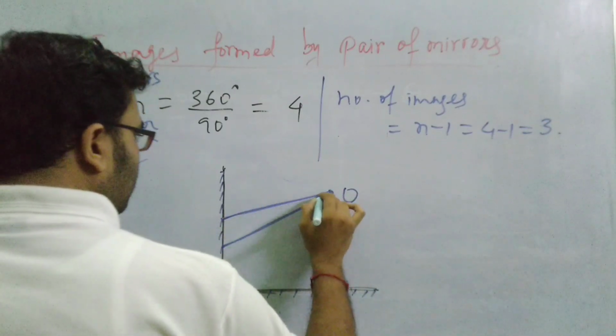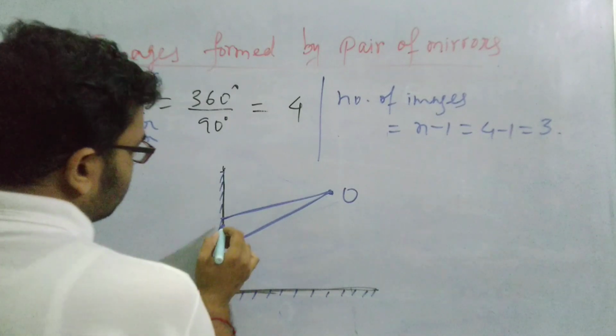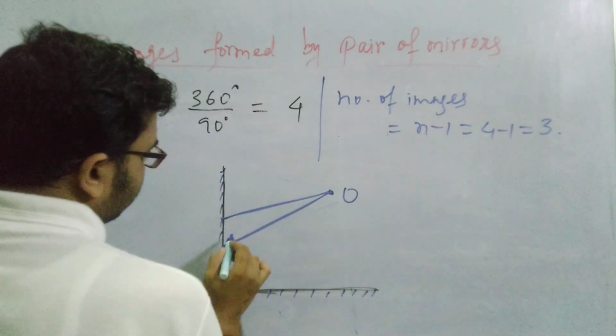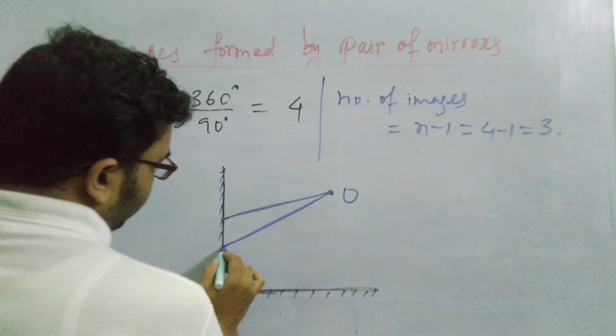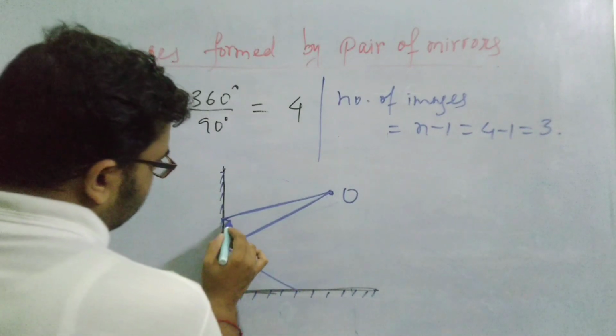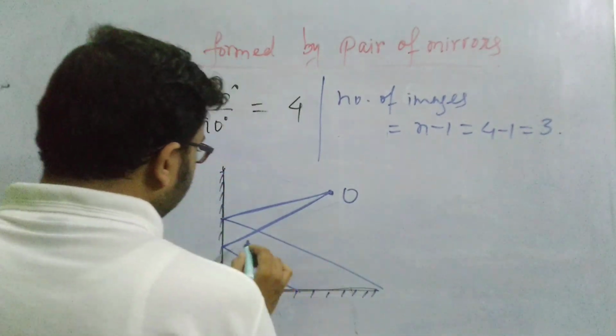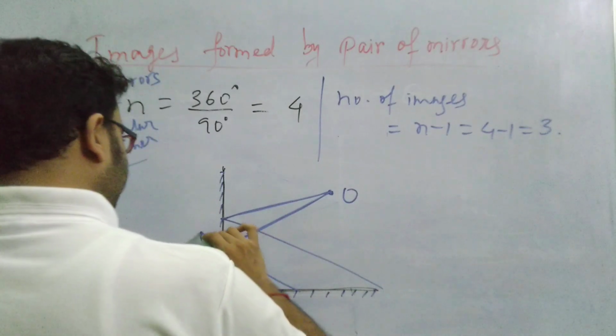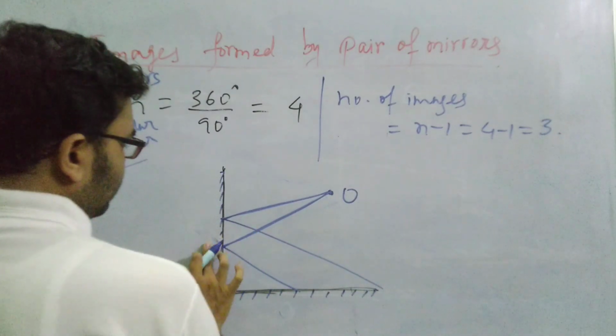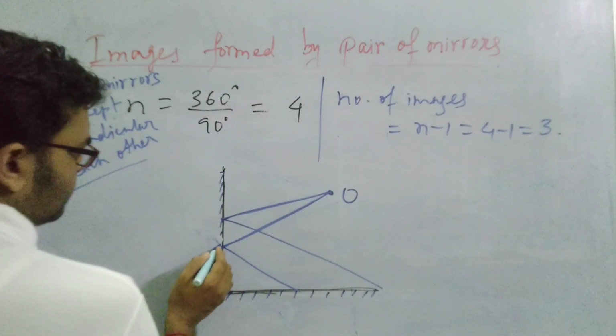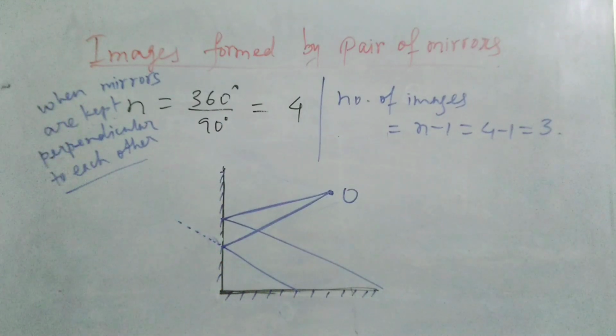So after reflection, what happens? This will be going like this, and this will be going like this. And if we trace back, you will be getting two images.